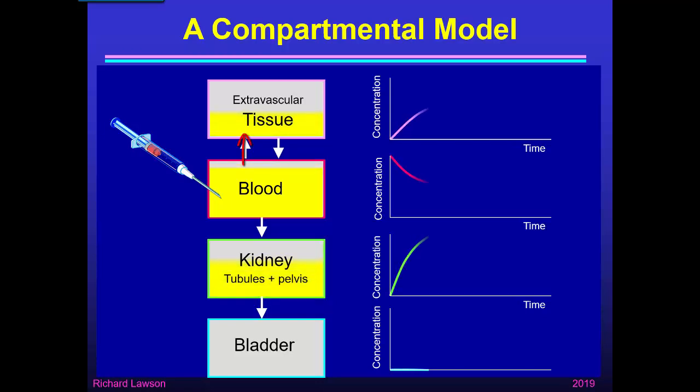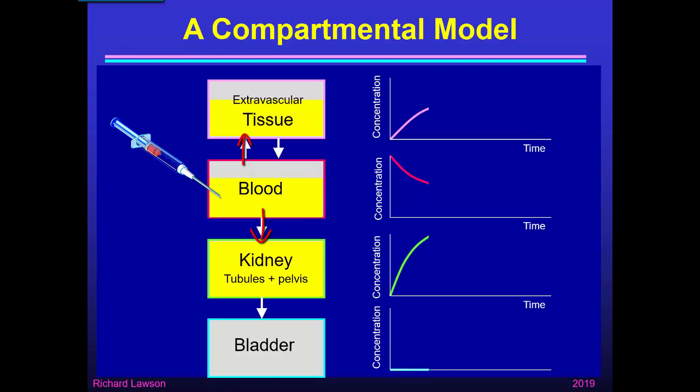First of all, it's falling because it diffuses from blood into extravascular tissues, and secondly because it's being extracted from the blood into the kidneys, and that's the process that we want to see. So the tissue concentration starts at 0 and rises, the blood concentration starts high and falls, and the kidney concentration starts at 0 and rises.